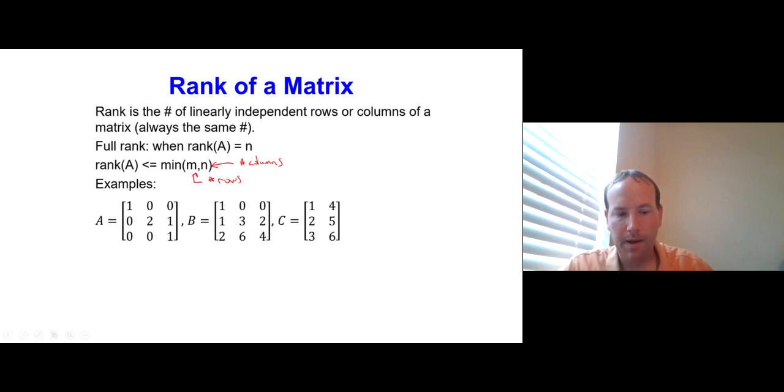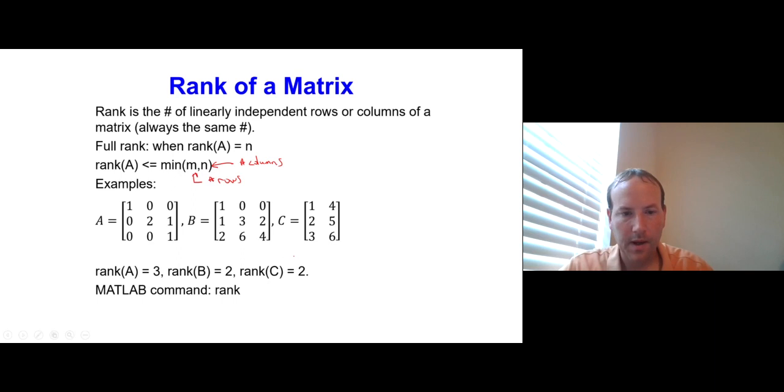Finally, in this last matrix, the rank is 2 because these rows are not a multiplicative factor of one another. Notice that the maximum rank of this is 2 because that's the smallest dimension of this matrix. So we have 3, 2, and 2. In MATLAB, the command is rank, and I'm not sure what it is in Python right now, but we can check into that.